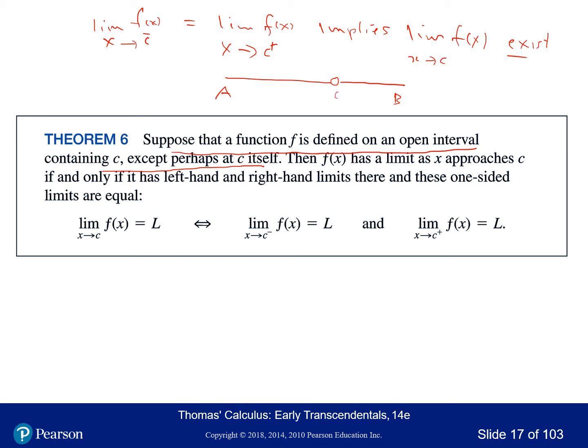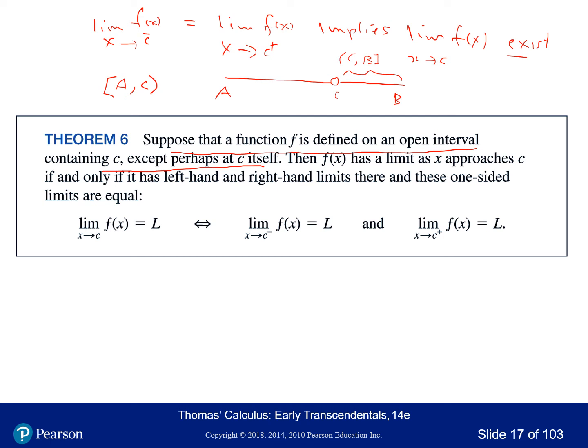So x equals c is not part of the domain. If we write the domain, on the left side it's going to be from a to c, but c is not included, a is included. And on the right hand side, it is c not included and then b included. So b is included right here and c is not included, so it's open.